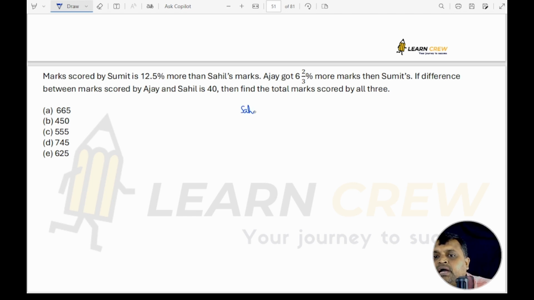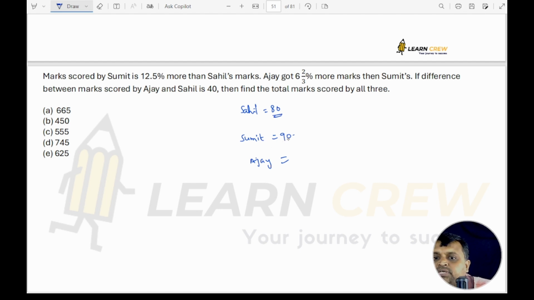I am taking Sahil's marks as 80 because here the fraction is 12.5, means 1/8. So I am taking the base to be a multiple of 8. I am taking 80. Thereby marks scored by Sumit would be 1/8 more than 80, so it is 90. Now Ajay got 6.2/3 percentage more than Sumit.